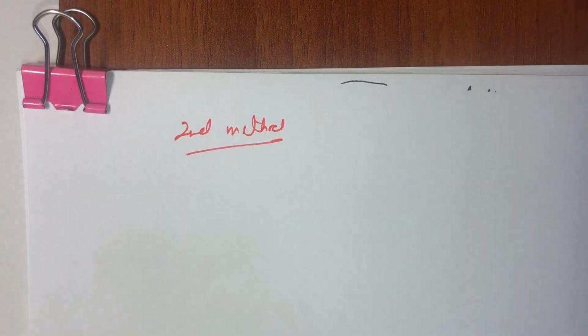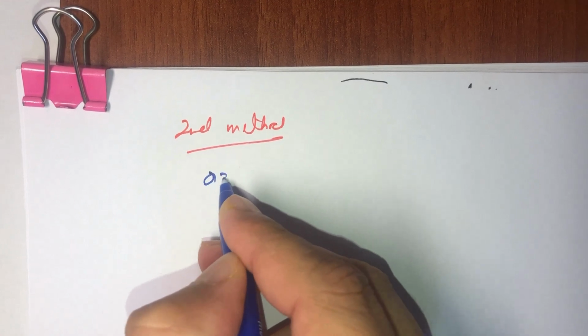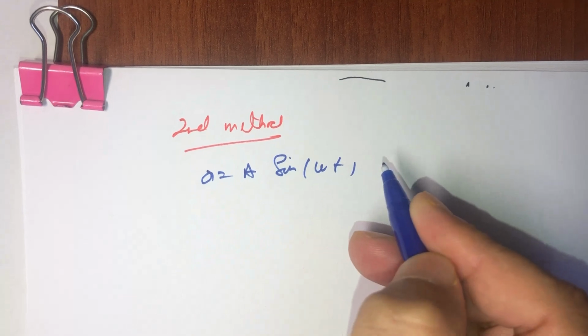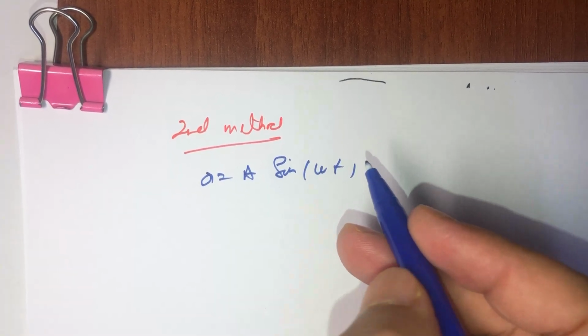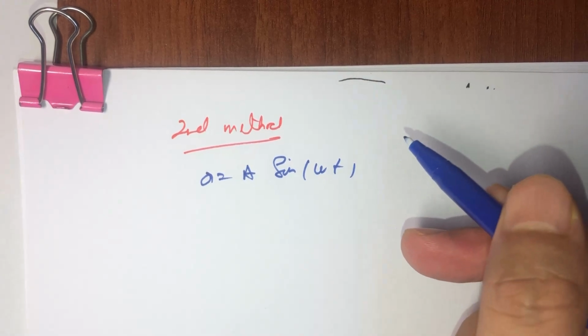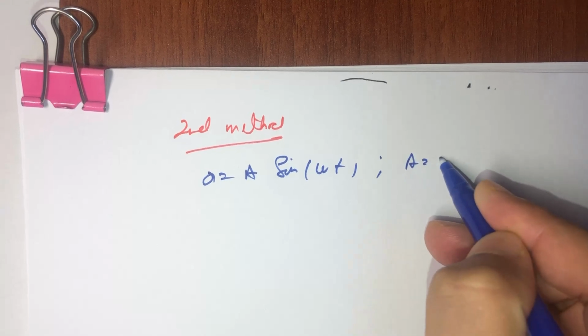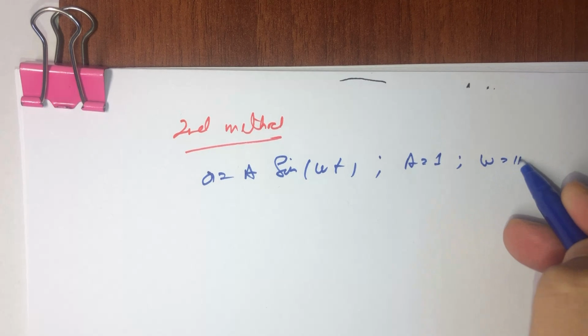Second method, so we know that x is equal to a sine of omega t, and here we already know that a is equal to 1, and we calculated that omega is equal to pi by 4.